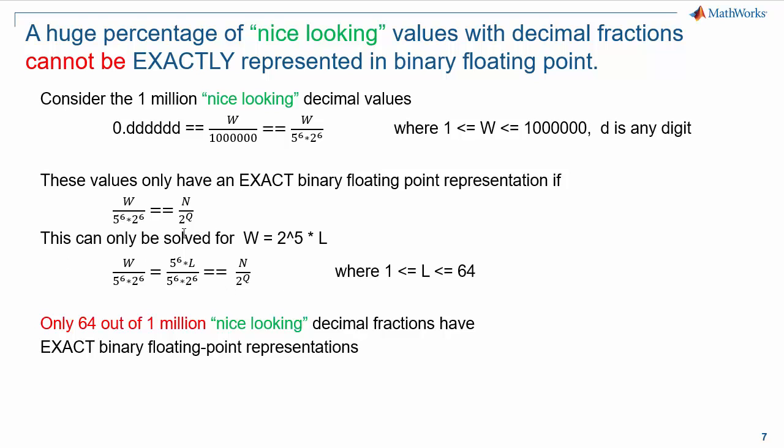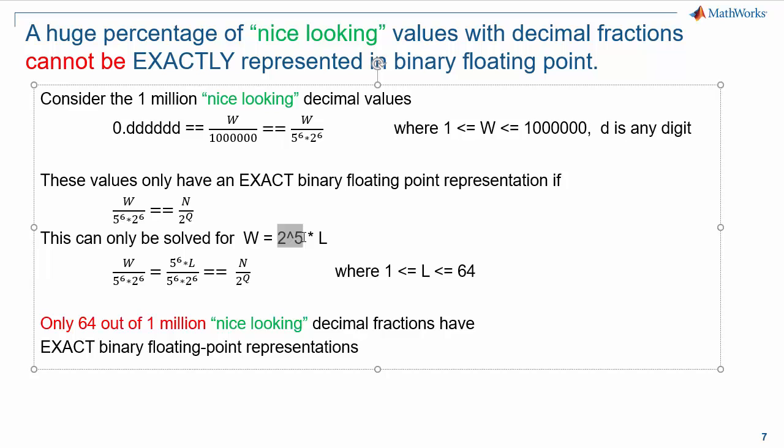Now, this equation can only be solved if w is a multiple of 5 to the 6th. My apologies, there's a mistake here. This should be 5 to the 6th power. Anyway, only when w is an exact multiple of 5 to the 6th can you satisfy this equation, because we need these 5s to cancel out, the 5 to the 6th on the top and the 5 to the 6th on the bottom.